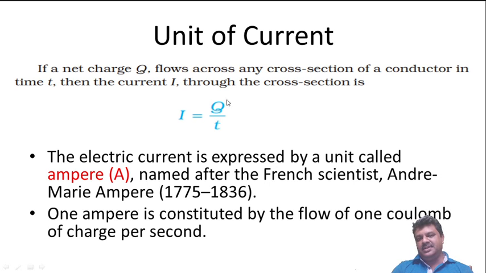The electric current is measured in a unit called ampere, capital A. It is named after the French scientist Andre-Marie Ampere, who lived between 1775 and 1836. 1 ampere is constituted by the flow of 1 coulomb of charge per second.